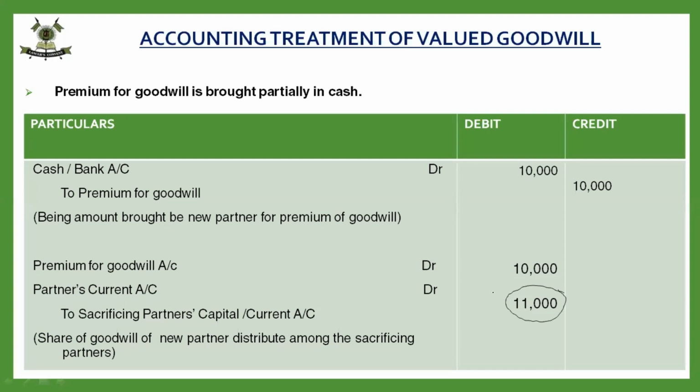So this is like my debtors, which will be appearing on the debit side. Since it has a debit balance, it will be appearing on the debit side of my balance sheet. So this is not the current account that we maintain under the fixed method. This current account reflects that this amount is due, which he is going to pay after a few days or a few months. Fine. So whatever amount is not brought by him is being debited to his current account.